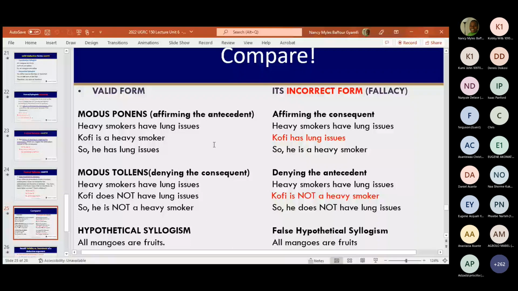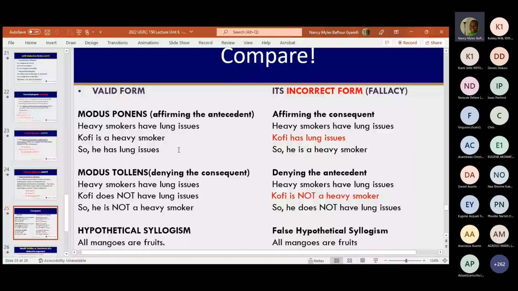Now, the wrong way of doing modus ponens, I say the wrong way because it is trying to affirm, but it doesn't affirm the antecedent. Take note and be reminded again, we said that it is the second premise that names the whole thing. So we are not looking at the conclusion when we are naming the argument.